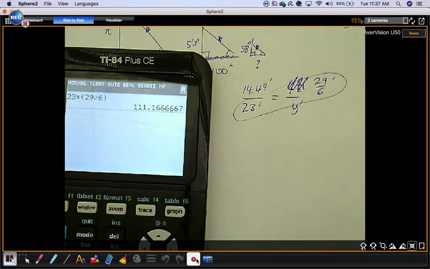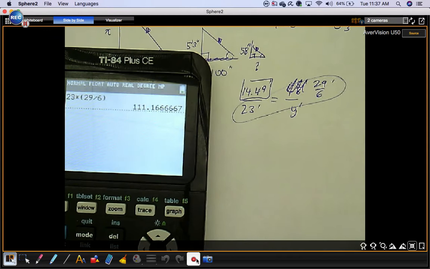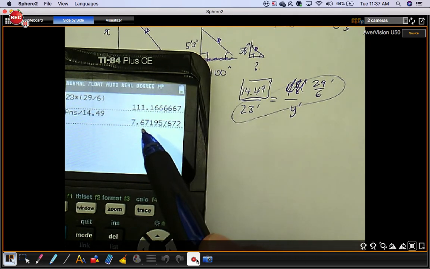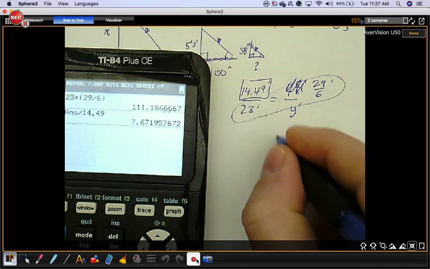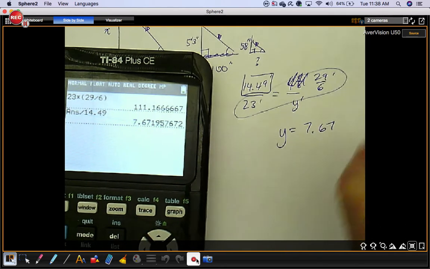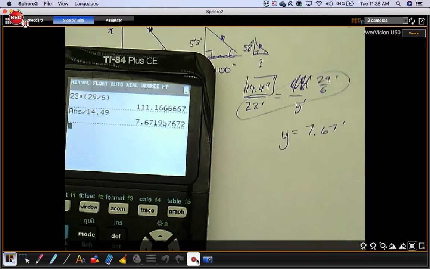That gives you that ugly number. Then divide by that number. And that gives you this. This would be the length of the child's shadow in feet. And I'm not sure exactly how they wanted us to round. I'll just round to the nearest hundredth. How long is the child's shadow? Yeah, so 7.67 feet is what we'll say.